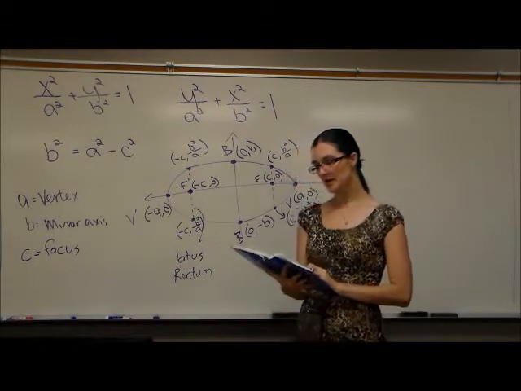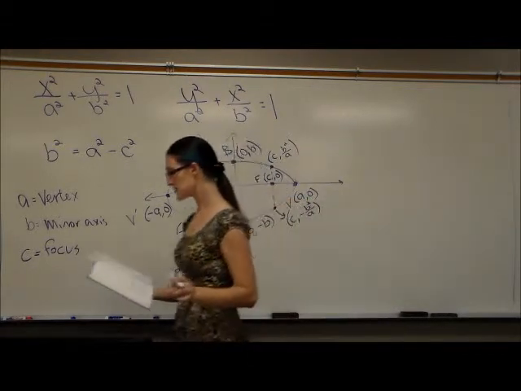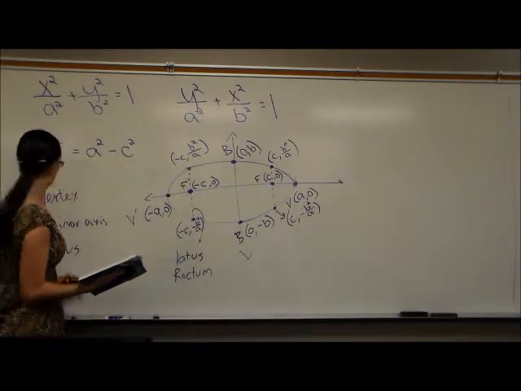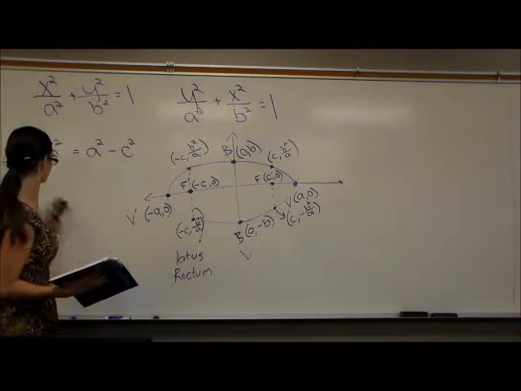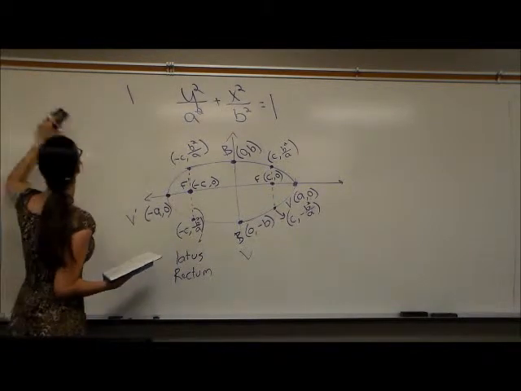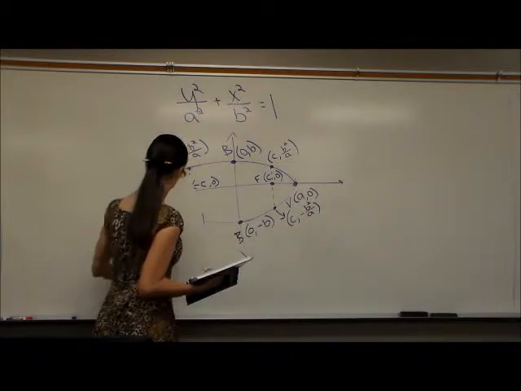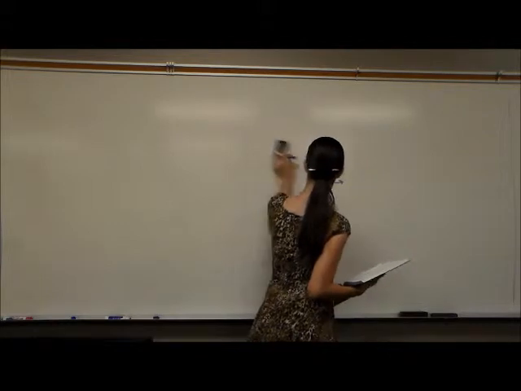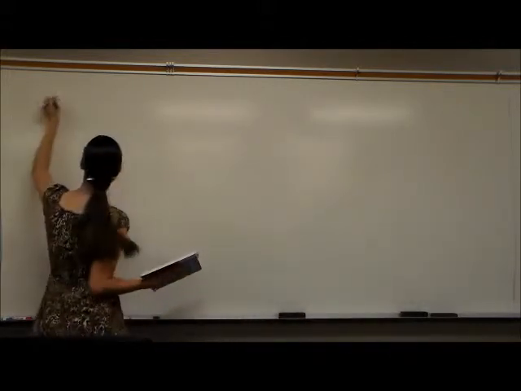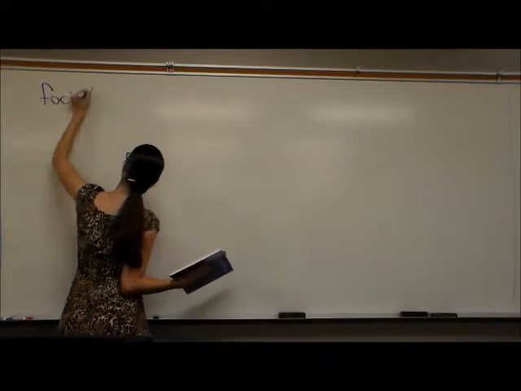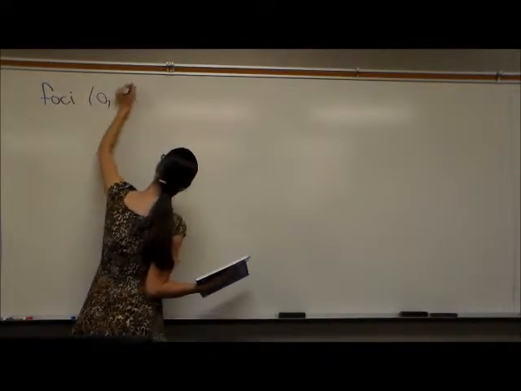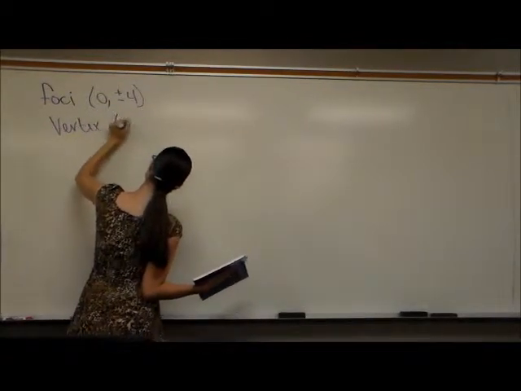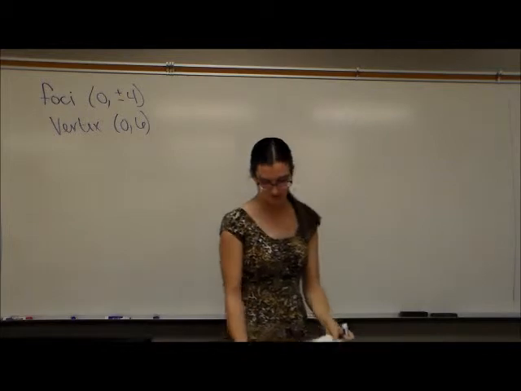Alright, so let's look at example 1 on page 121. Find the equation of the ellipse with foci at 0, plus or minus 4, and a vertex at 0, 6.